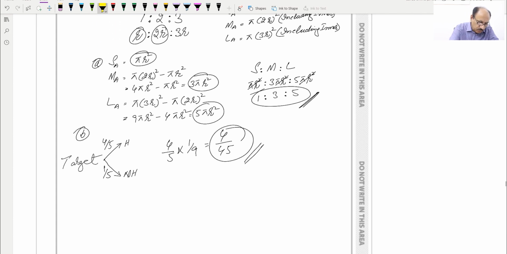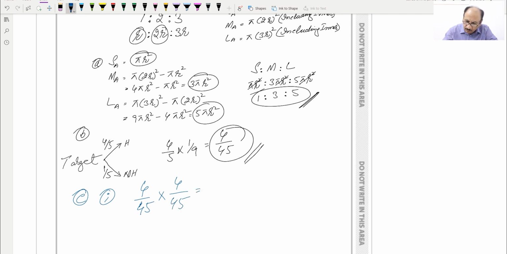So if we go through C part 1, both hit the bull's eye. That will be the probability of hitting the bull's eye, 4 by 45, which we just calculated here, and we will be using this. So the first arrow hits the bull's eye, and the second arrow hits the bull's eye.